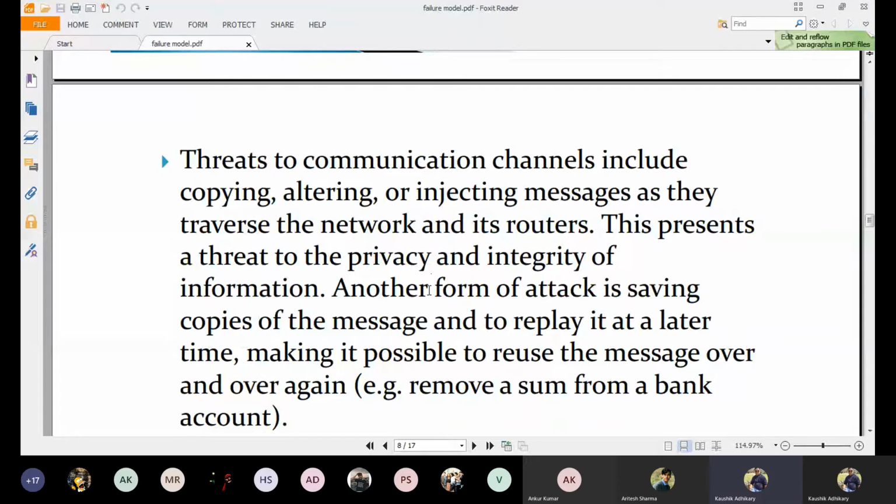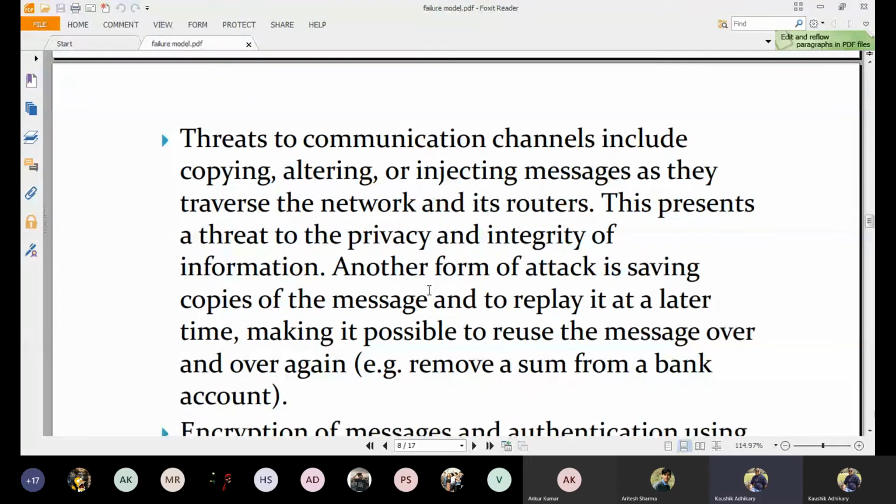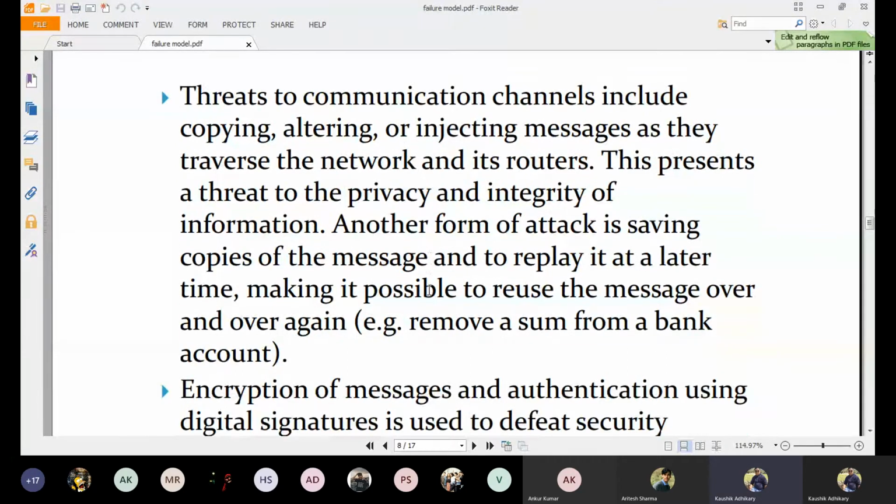This presents a threat to the privacy and integrity of information. It means if someone is copying your messages, you're sending a message to your friend but someone else is copying that message, or someone is altering that message, then it can be a threat to the privacy and integrity of information.